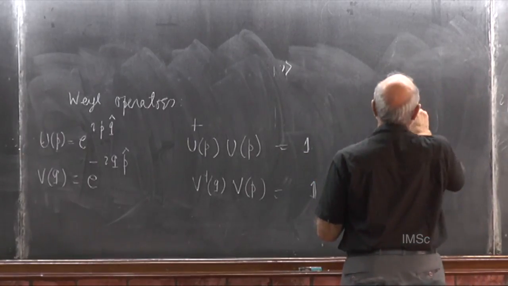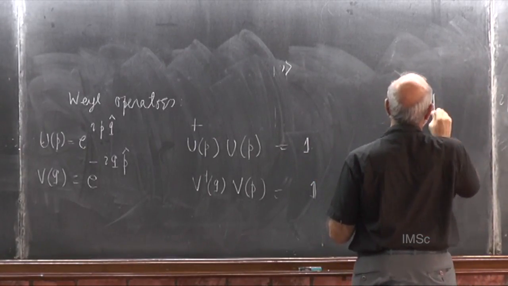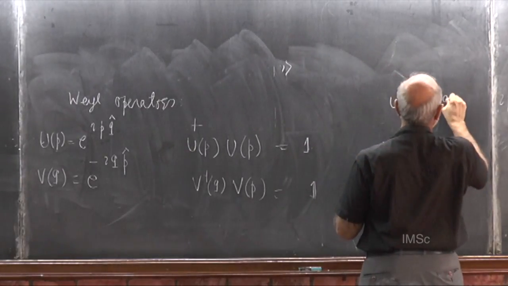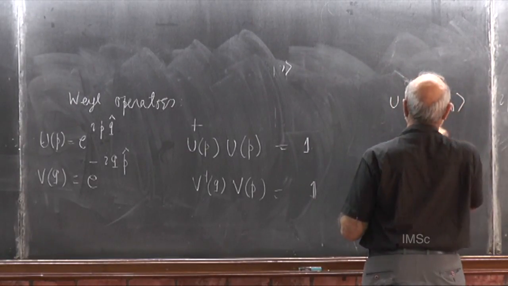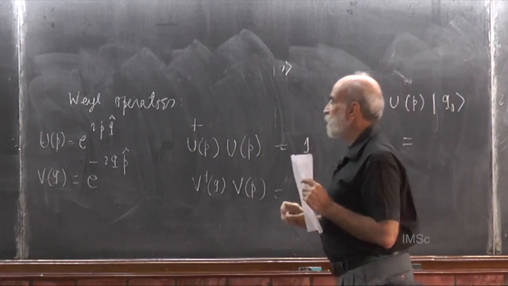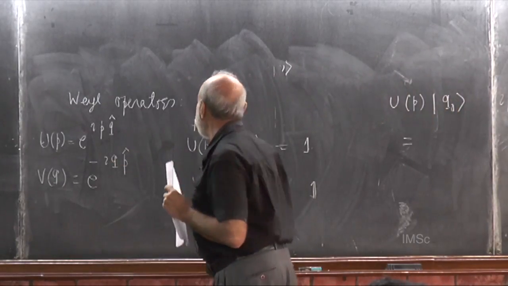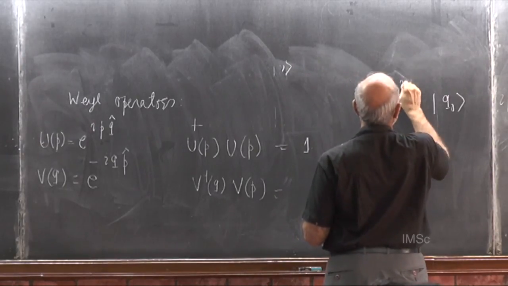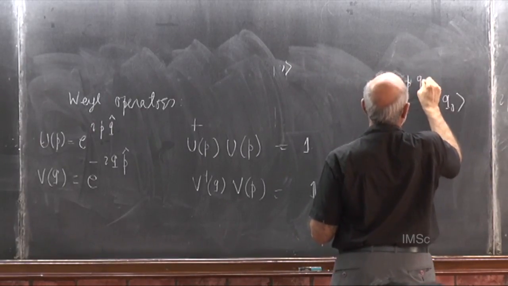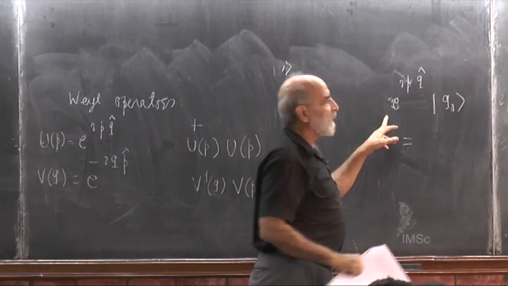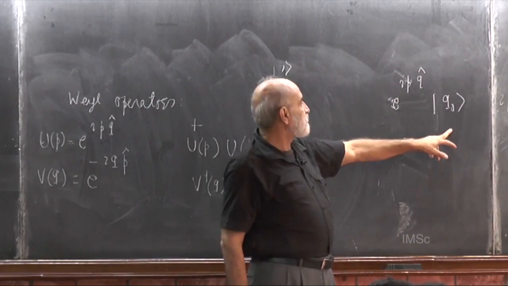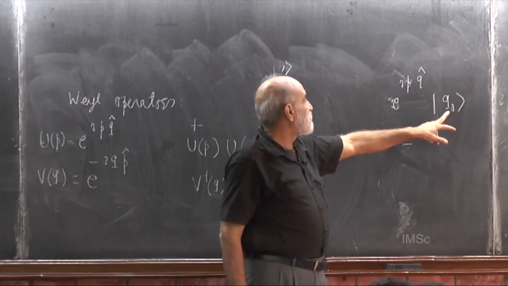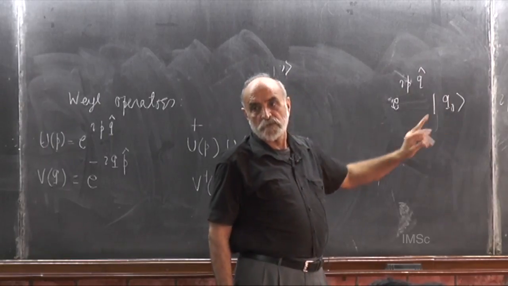So, let's just finish with one question. I ask you this question just to test your quantum mechanics. So, this is the operator given. And this operator acts on an eigenstate of the coordinate operator with eigenvalue q naught.